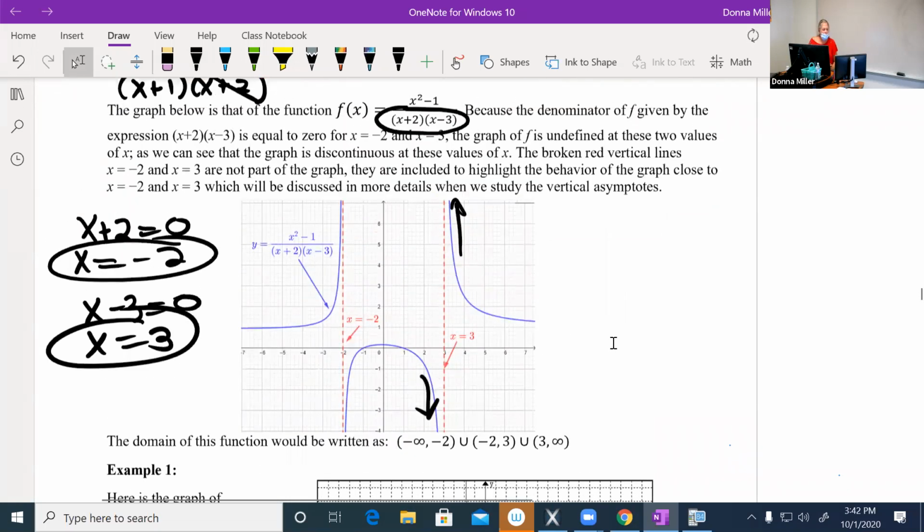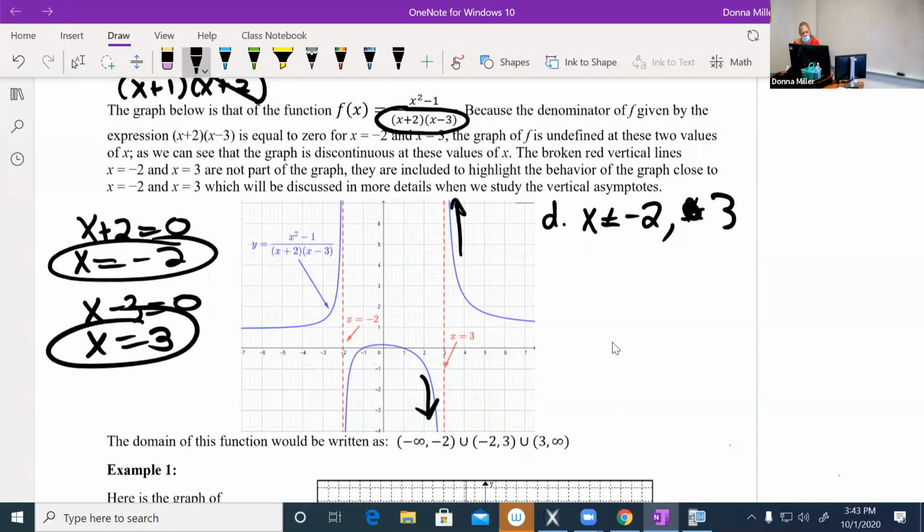Okay, domain you're going to have to do. So for the domain, I want you to think about where those vertical asymptotes are: unallowable values of x, because it makes the bottom equal to 0, right? The bottom cannot equal 0. So my domain, I know that x cannot be -2 and it cannot be 3, right? That's what it's not allowed to be. Here they're going to look at interval notation.